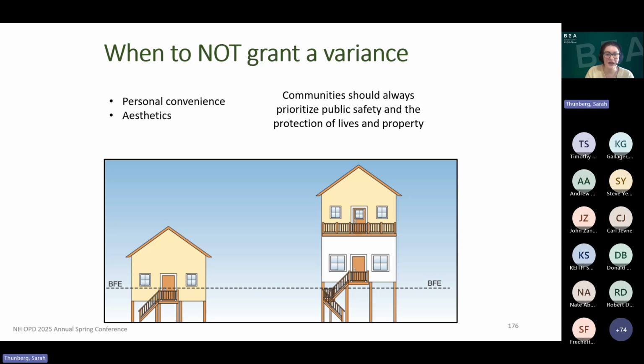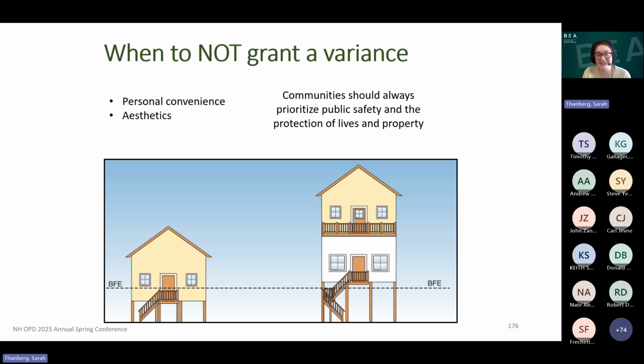Say that in the picture that I have here, the house on the left could be what all of the other houses in the neighborhood look like. And then there's one house that, for some reason, has a slightly lower elevation and they need to raise their house to be up above the base flood elevation.